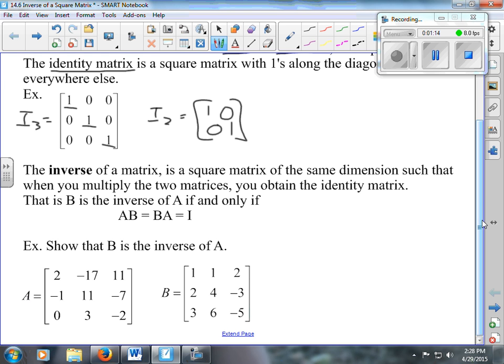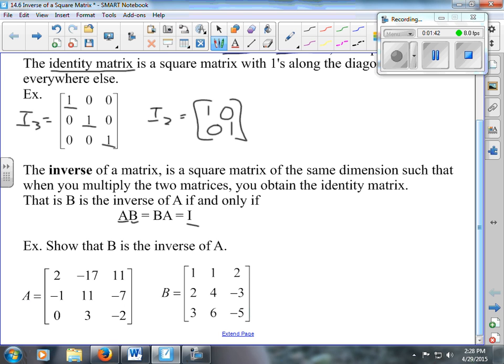So let's talk about what the inverse is. The inverse of a matrix is a matrix of the same dimension, so it'll be a 3 by 3, so that when you multiply these two matrices together, you get the identity matrix. For example, if A is a 3 by 3 and B is a 3 by 3, and you multiply those together and you get the identity matrix, then they are inverse matrices of each other.